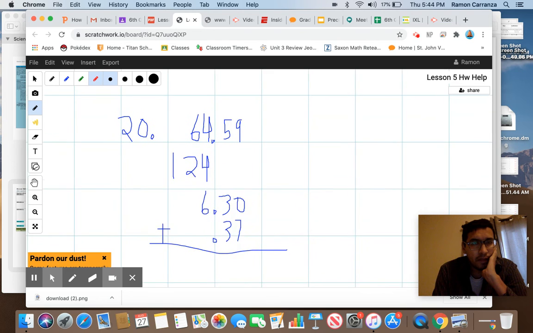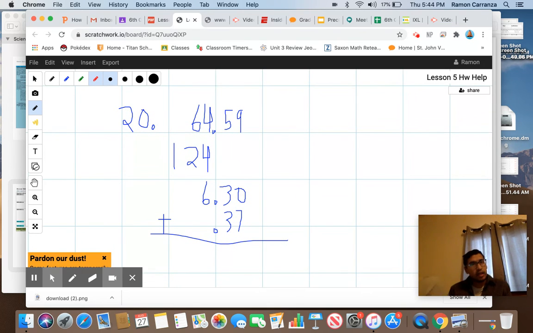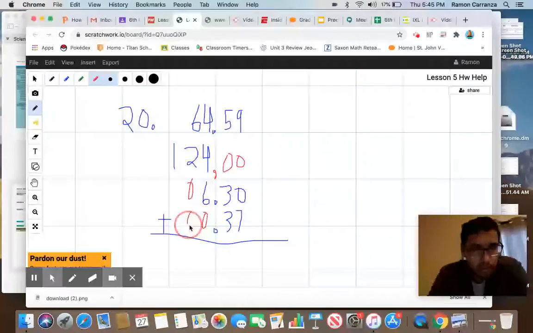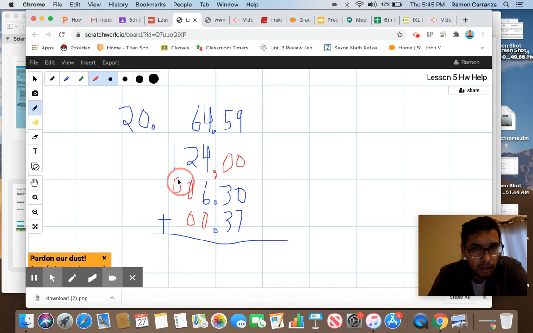Finally, for 20, it's another addition problem, but this time we have decimals. You'll notice that I lined up my ones place, 4, 4, and 6. So now I'm again going to do what I did in the previous problem, which is to use terminal zeros to represent any empty spaces. The whole point of doing this again is to make sure that everything is lined up the way it should be.